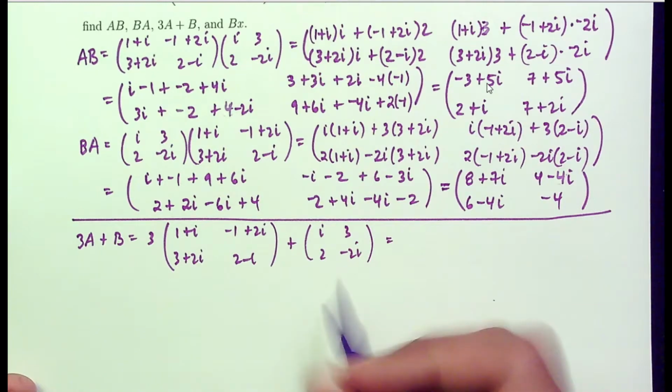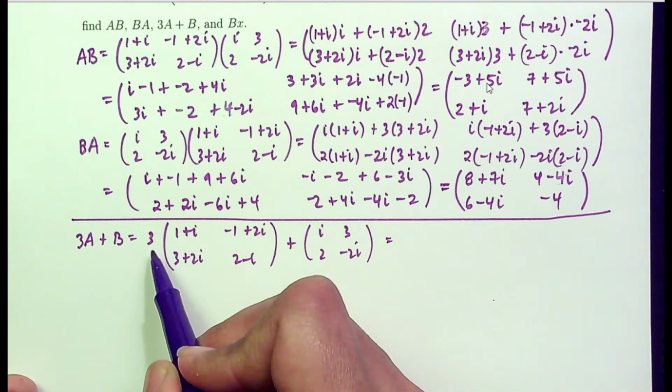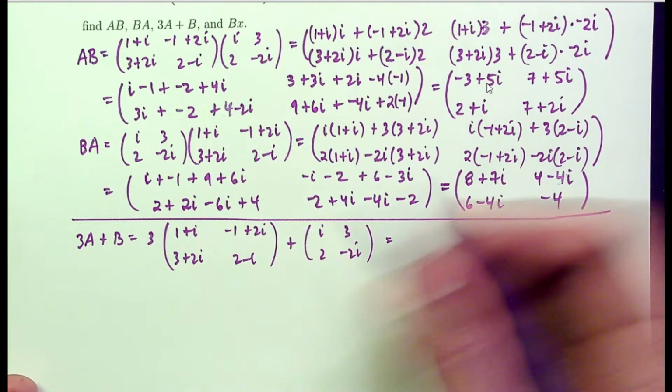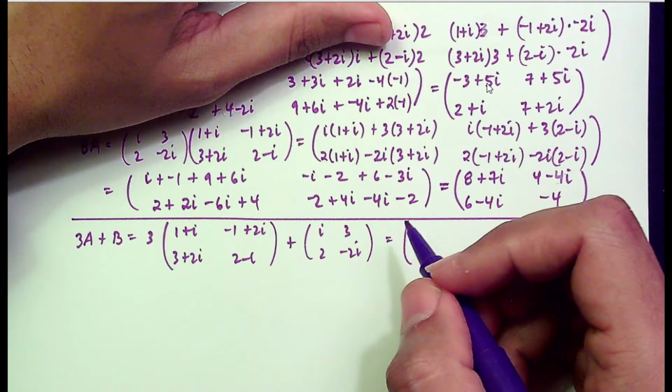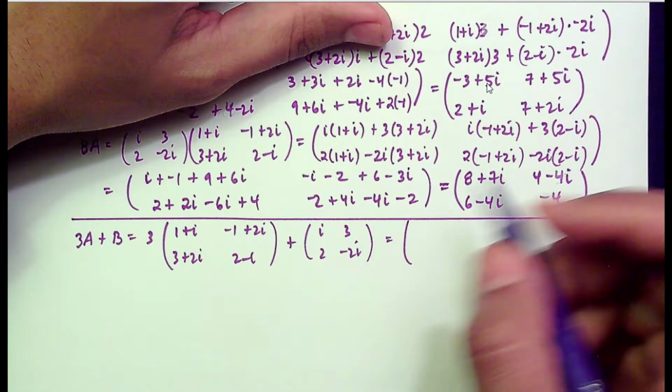Okay, multiplying a matrix by a constant, which is this one, multiplying by 3, it means that every entry gets multiplied by 3. So I multiply everything by 3.